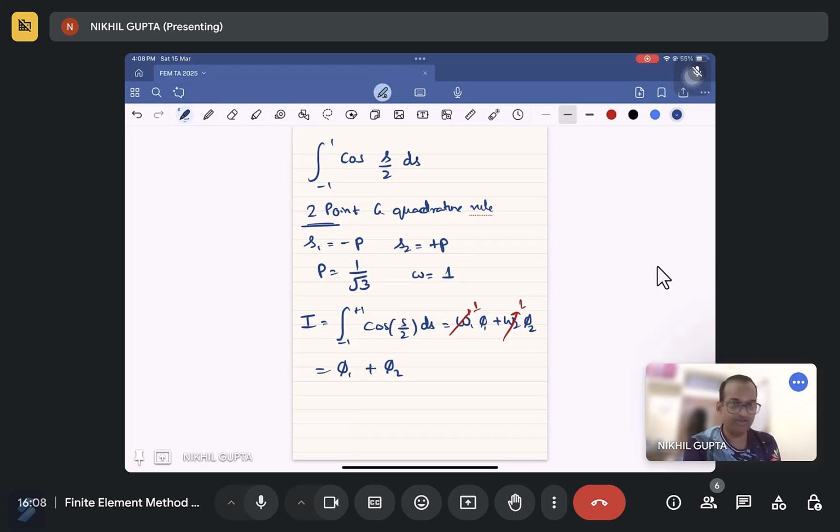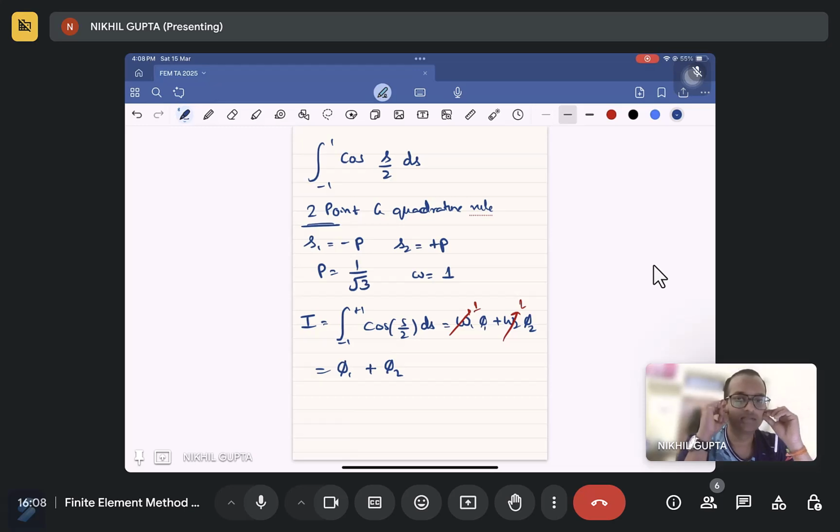No. How to calculate phi 1, what is phi 1 denoting? It is basically the shape function. No, it's not the shape function. Now you are away from the shape function. You have solved the full FEM problem, and now you are solving this integration.